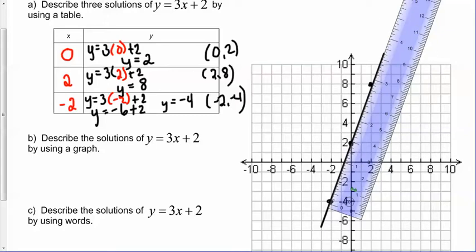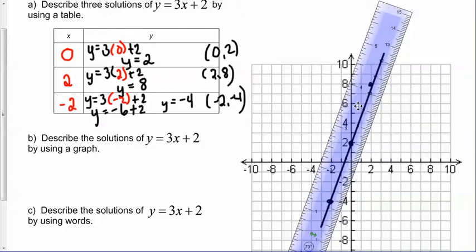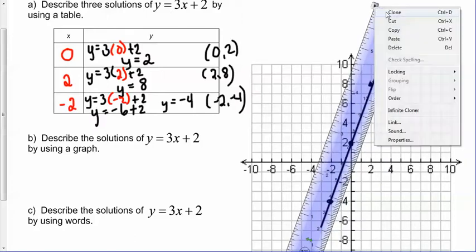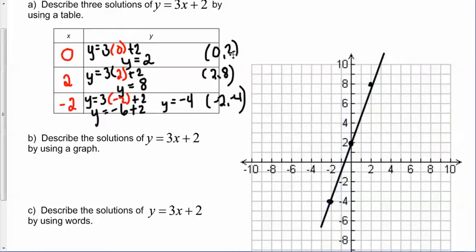And once we're done with that straight edge, we'll get that out of the way. Be sure that you draw arrows at each end of your line, because that's going to show that your graph continues beyond the points that you graphed. It continues forever and ever. Okay, so here we've described the solutions of the same equation by using a graph.